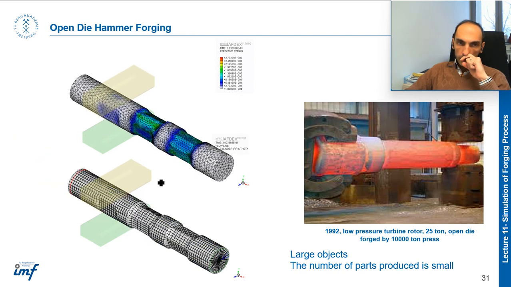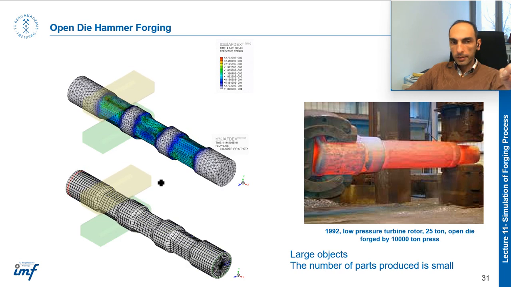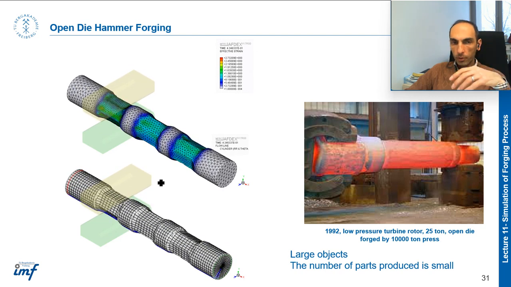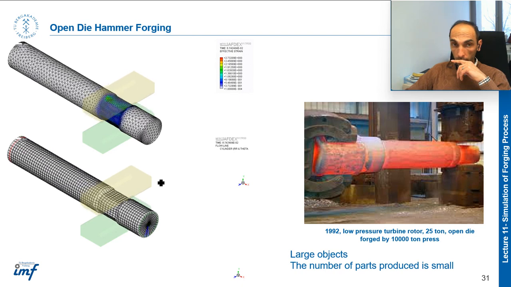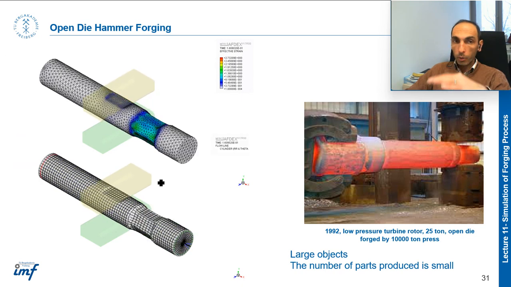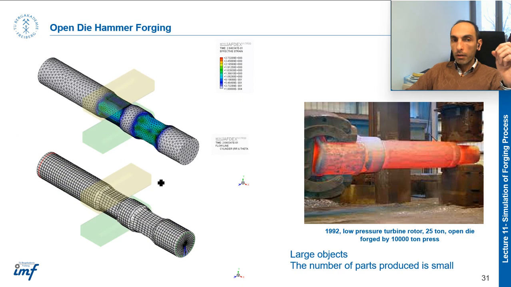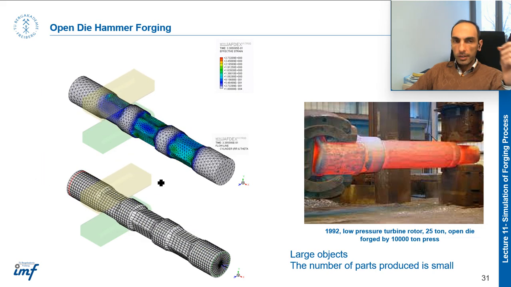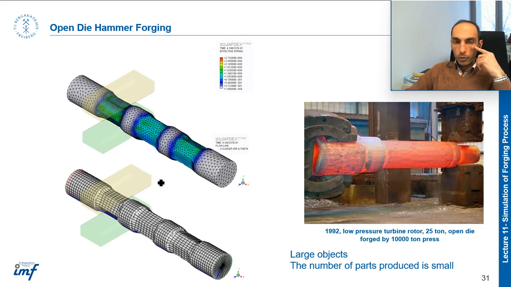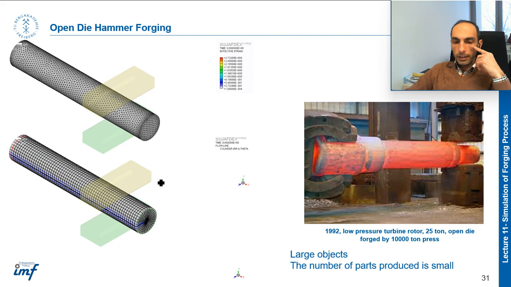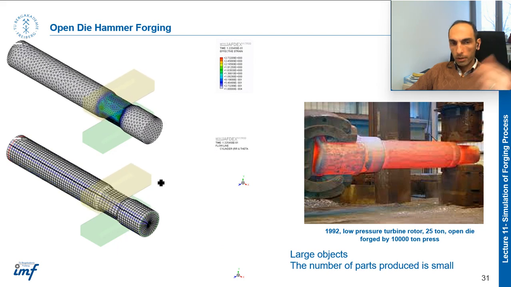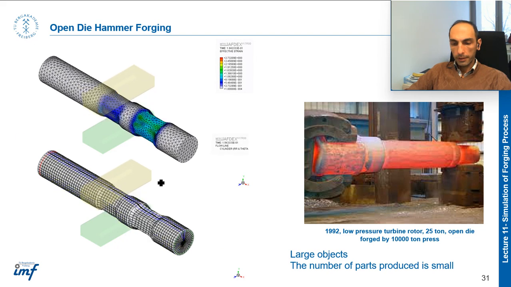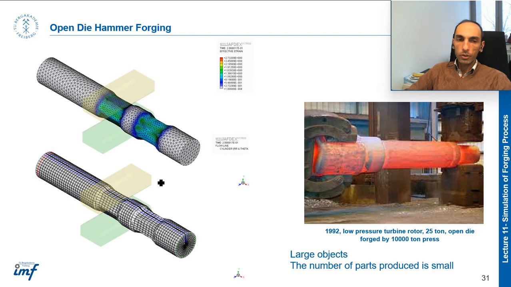Of course you cannot obtain the final shape, or even a shape near or close to the final shape, but it's an economical solution which can produce what you want.